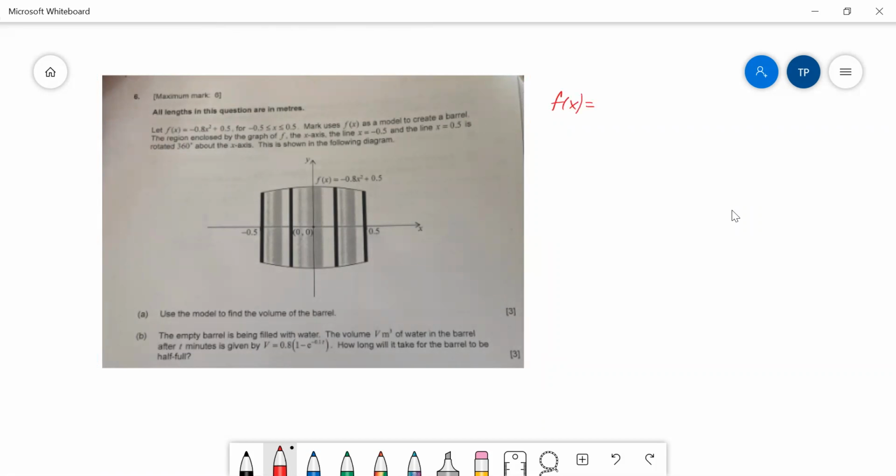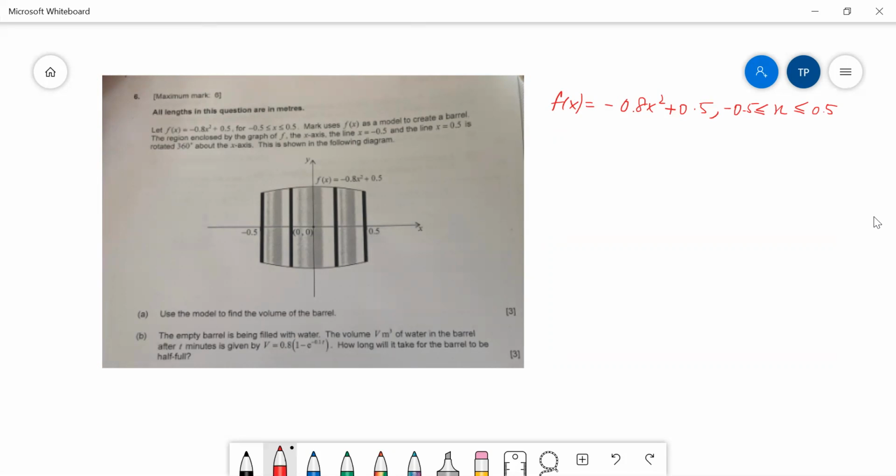Okay, so f of x is minus 0.8x squared plus 0.5, where x is between 0.5 and minus 0.5. Mark uses f of x as a model to create a barrel.